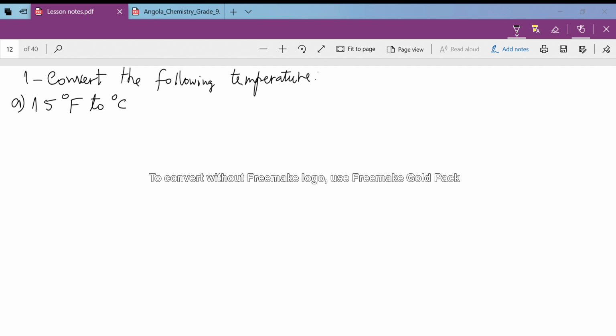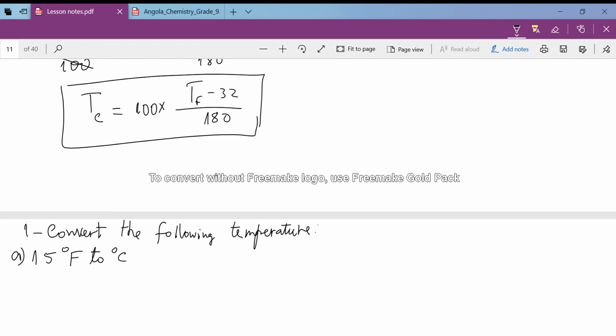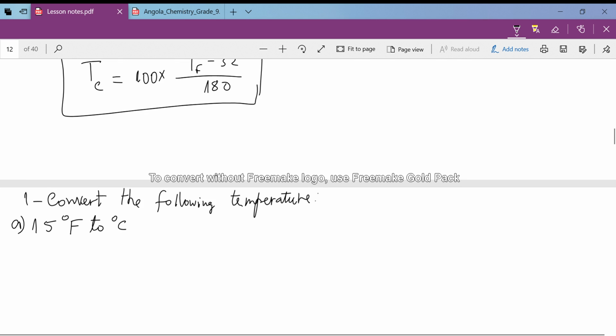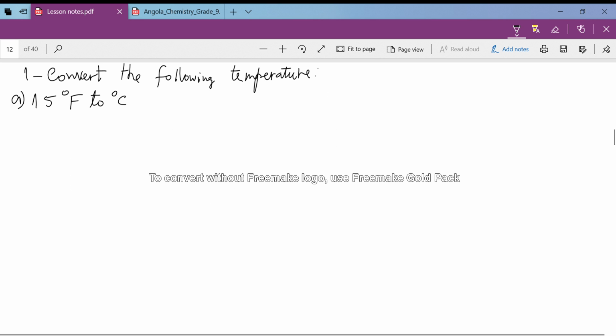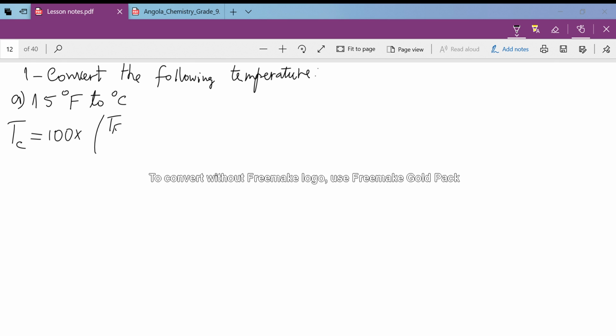Now let's solve. So we've established this equation, and that's what we are going to use for our exercise here. So we have Tc equal to 100 times Tf minus 32 divided by 180.